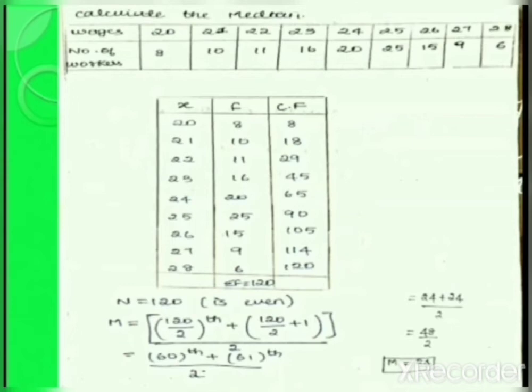So the 60th item is 24 and the 61st item is also 24, because both 60 and 61 are exceeded by 65. So we take 24 as our 60th and 61st item. So 24 plus 24 divided by 2, which is 48 divided by 2, so the median is equal to 24.